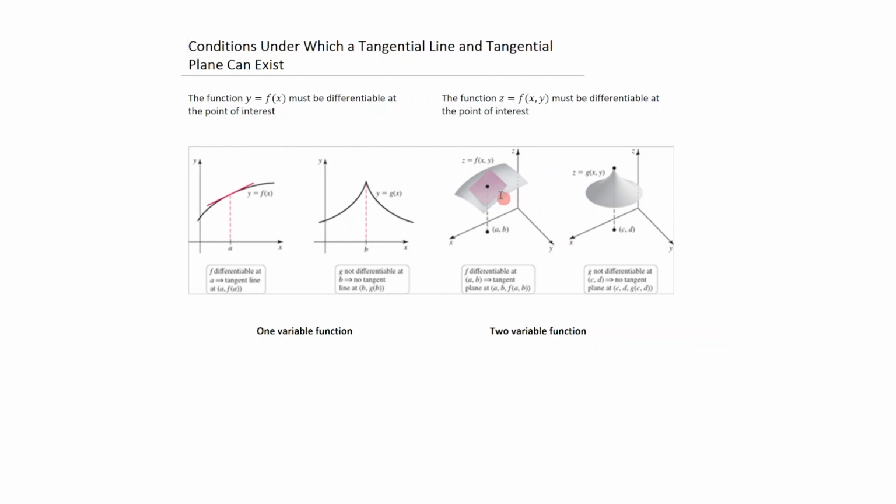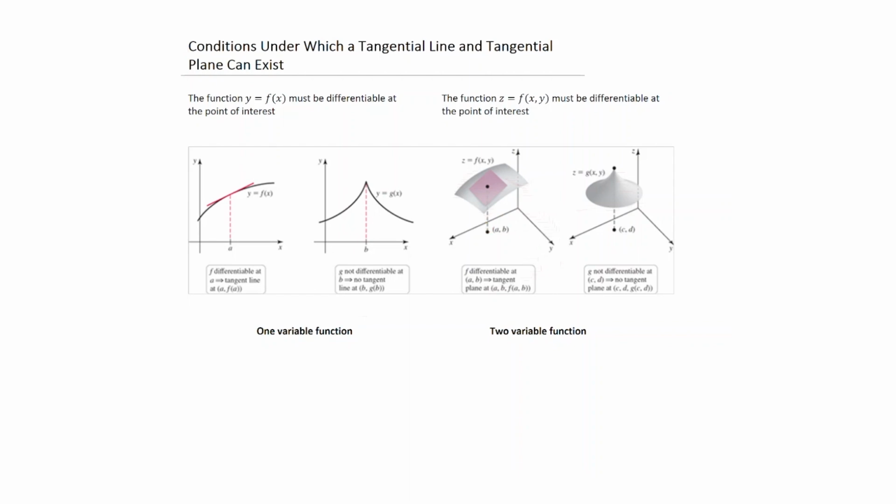So if we look here, for instance, you have a smooth surface and you have this tangential plane which just touches at some point on the surface. That's by definition what we mean by tangential plane. On the other hand here, you'll notice it comes to a point. And so if you were to try to fit a tangential plane at this top point here, it will not be possible. So this one will not be differentiable, whereas this is differentiable.